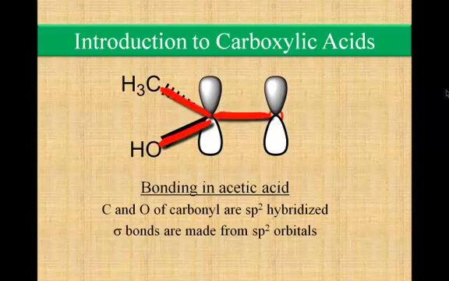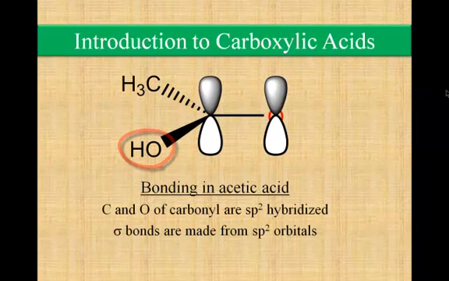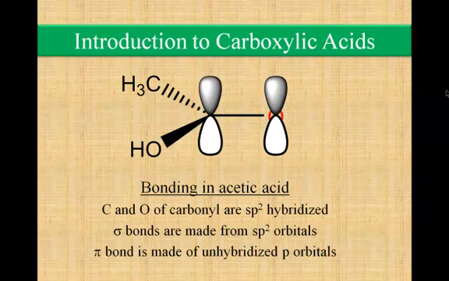And those sigma bonds are made up of the overlap of the sp2 orbitals of the carbonyl carbon with the sp3 orbital of this carbon, an sp3 orbital of this oxygen, and with an sp2 orbital of this carbonyl oxygen. The pi bond is made up of the overlap of the unhybridized p orbitals.